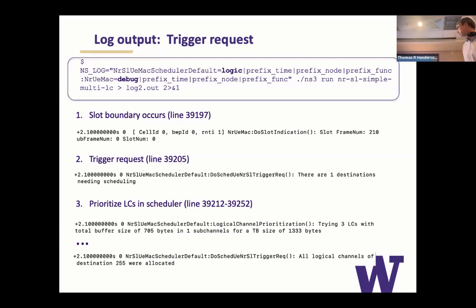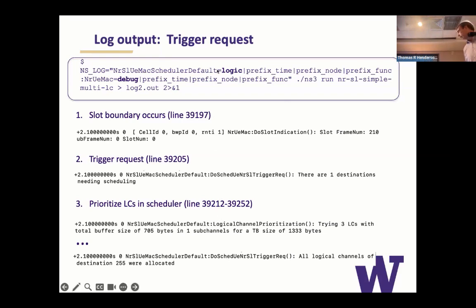So this trigger request goes across. There's a note that there's one destination needing scheduling. And then if you look at the details here, it prioritizes the logical channels in the scheduler. It basically reports, I have 3 logical channels with a total buffer size of 705 bytes and requiring 1 subchannel for an overall transport block size of basically 1,300 bytes.